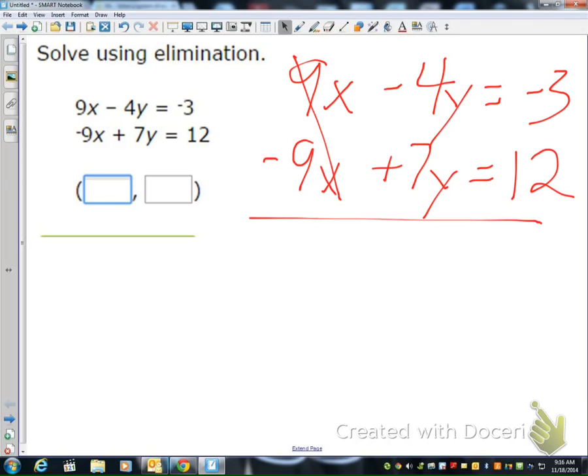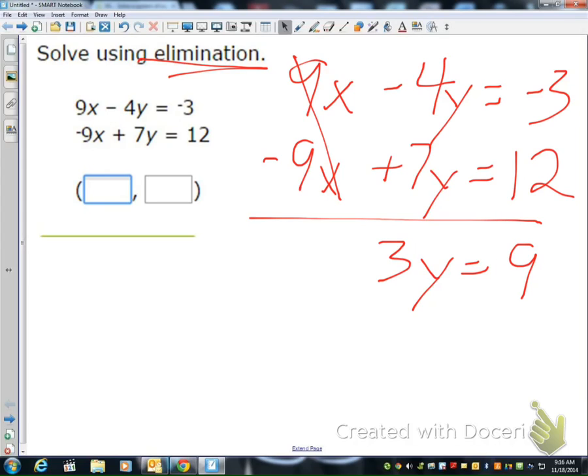So that eliminates the x terms, thus the elimination method, right? That leaves me with negative 4y plus 7y, which gives me 3y, and negative 3 plus 12, which gives me 9.